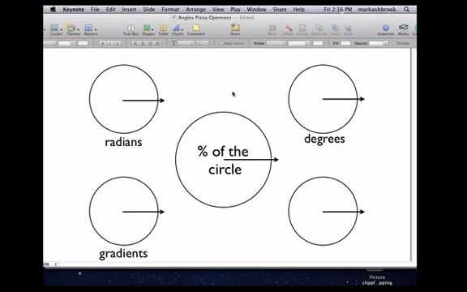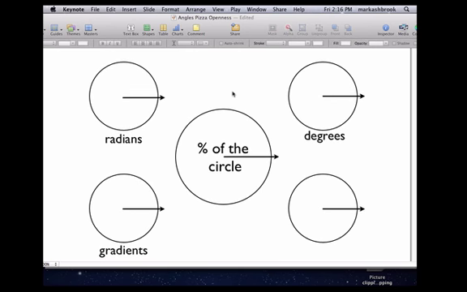Okay, so why this is really a good way to think about it is there are other ways of measuring angles. Gradients. Say we want to go from gradients to degrees. So you just need to know one thing. How many gradients in a full circle? And there are 400.